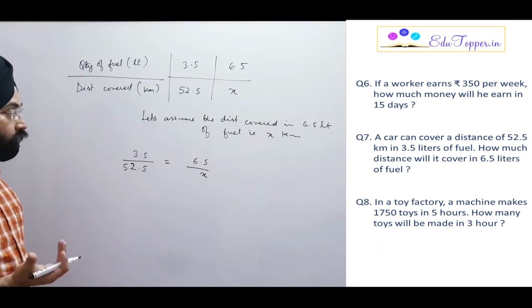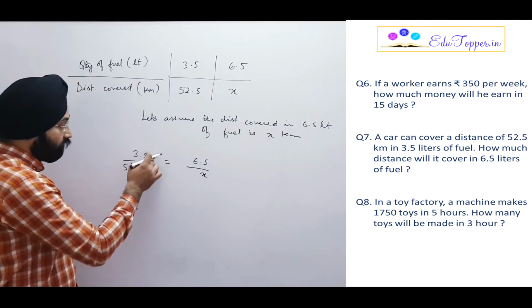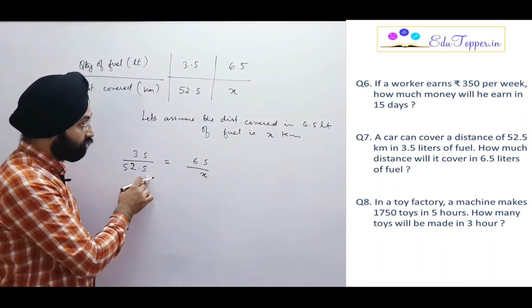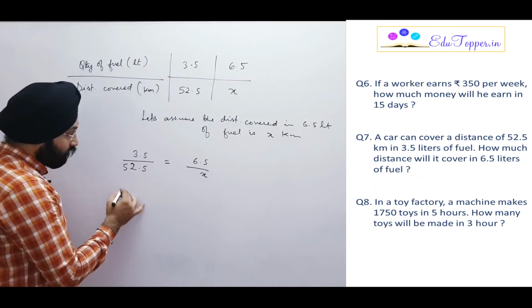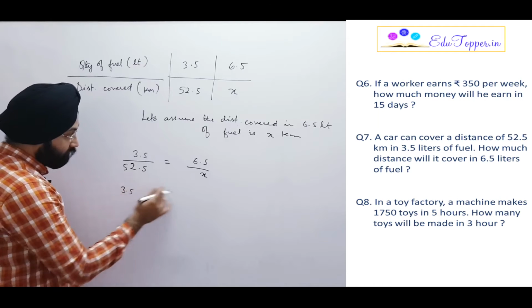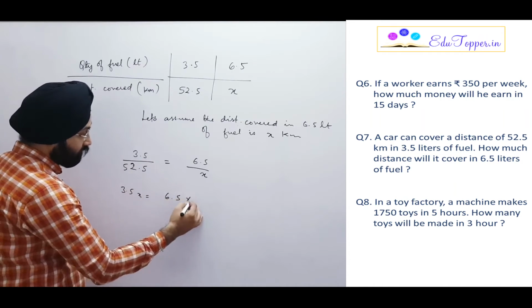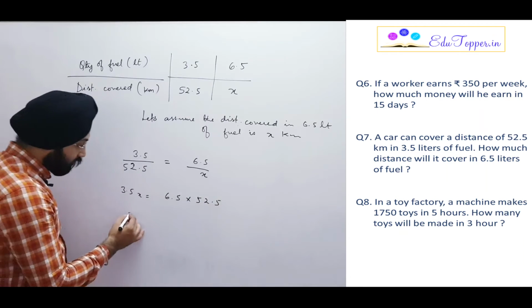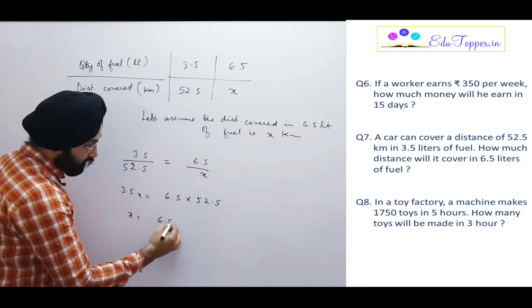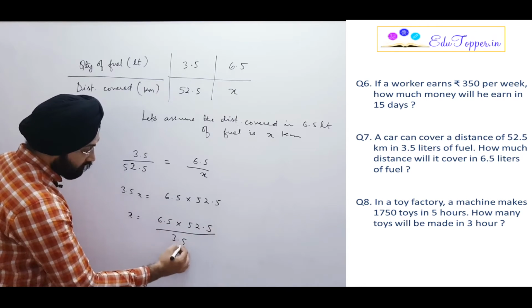I hope now you've got the concept how to solve these kind of questions. So 3.5 divided by 52.5 is equal to 6.5 by X. So by the rule, 3.5 into X is equal to 6.5 into 52.5, correct? So X is equal to 6.5 into 52.5 divided by 3.5.